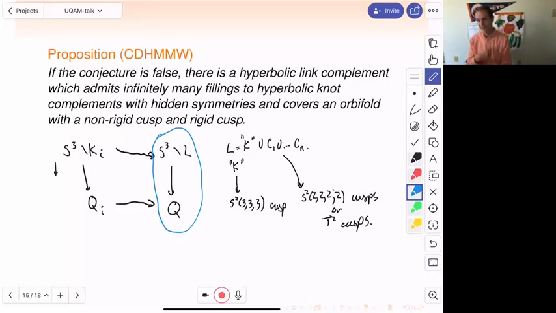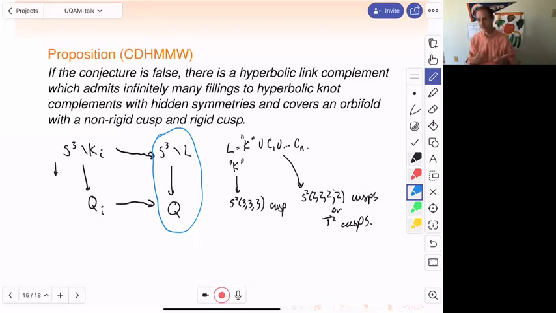On top of that, the technology has advanced to actually be able to make effective statements along these lines. So basically for the high parameter fillings, we just have to understand possible covers that are circled in blue, and for the low ones, we can check them by hand.